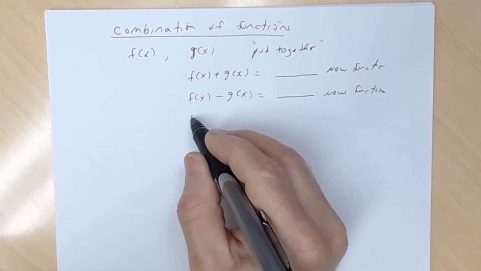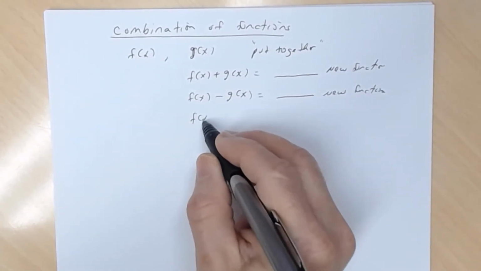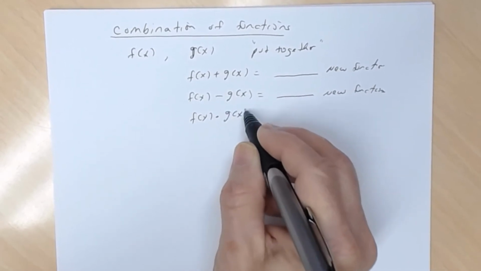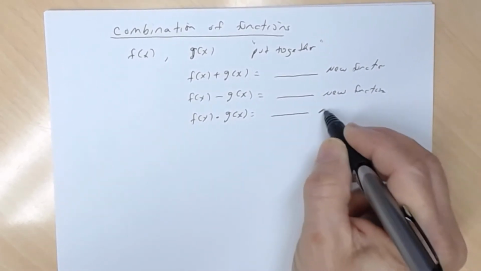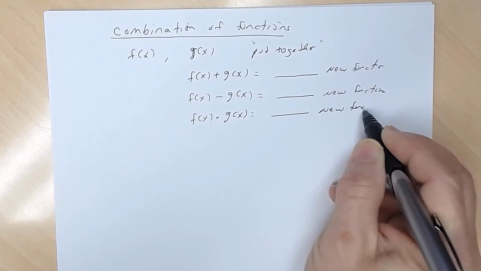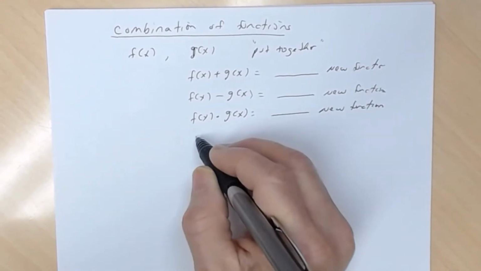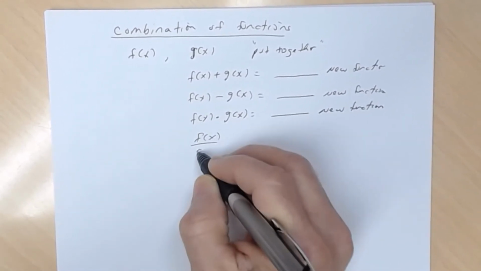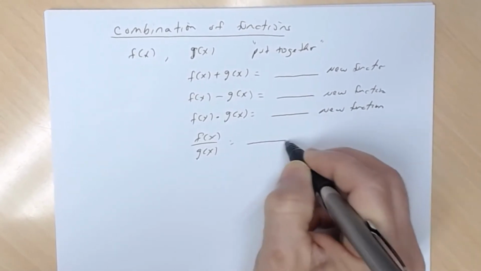We can multiply those two functions together, and you're going to get a new function. And we can divide the two functions, and we're going to get a new function.